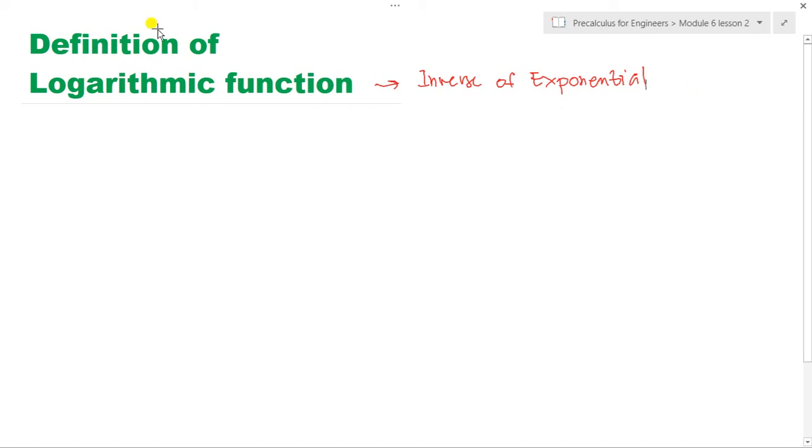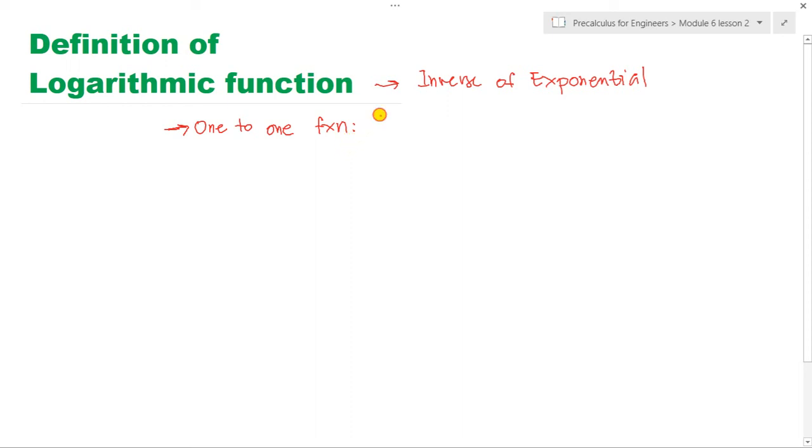We claimed earlier that the logarithmic function is just the inverse of the exponential function. That is because the logarithmic function is a one-to-one function, meaning for every value in the domain, it corresponds to one value in the range, or the dependent variable.